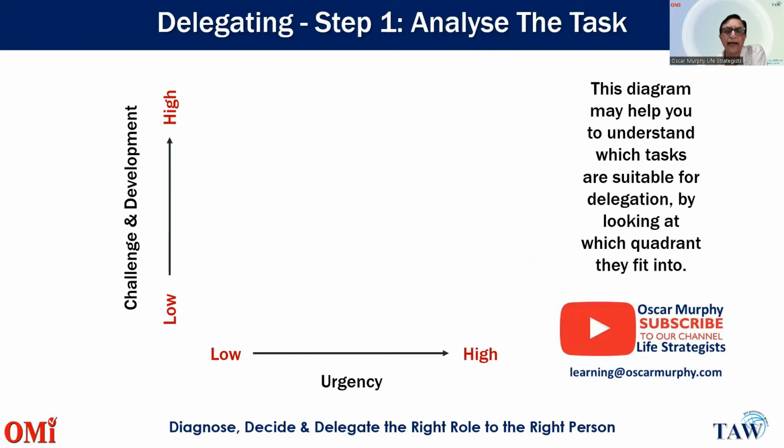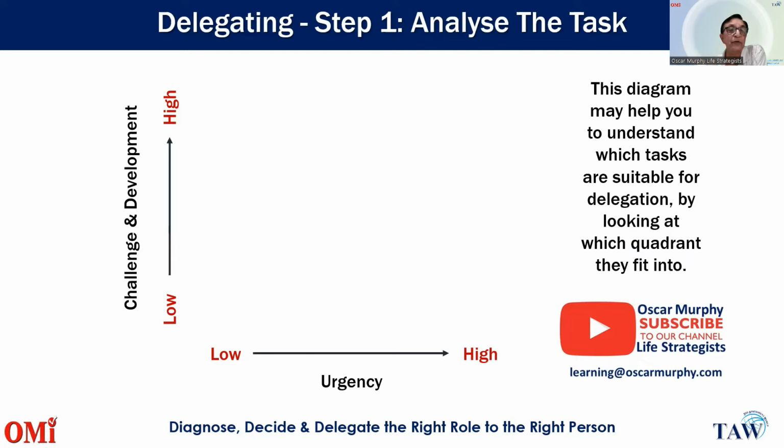Analyzing the task actually has a very beautiful way. Look at this diagram. This diagram may help you understand which tasks are suitable for delegation by looking at which quadrant they fit into. On the x-axis, you have the sense of urgency from low to high.